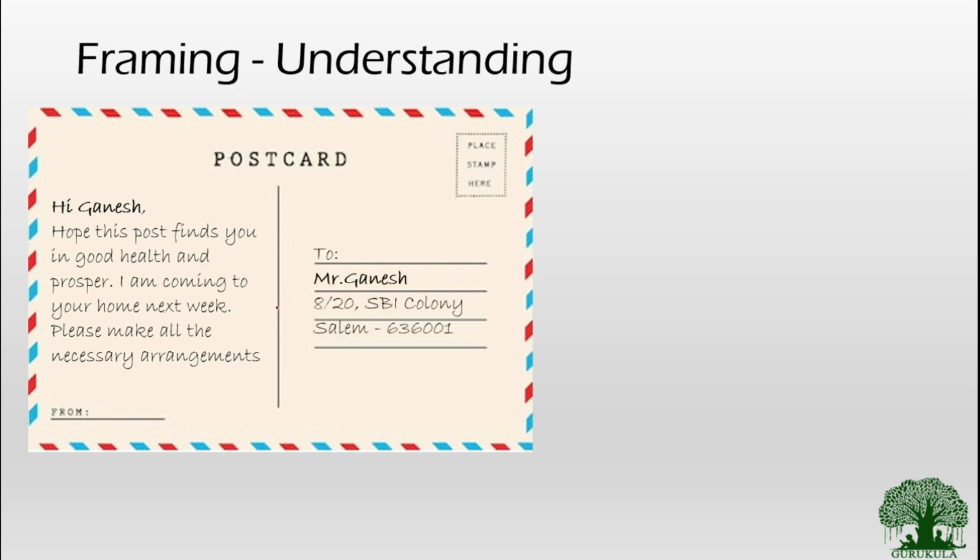So I will have to mention the address of the recipient in the place intended for it. Now I have written the second chunk of data. This is the first chunk of data, which is my message, and this is the second chunk of data, which represents where I am posting this card, which means the recipient's address.